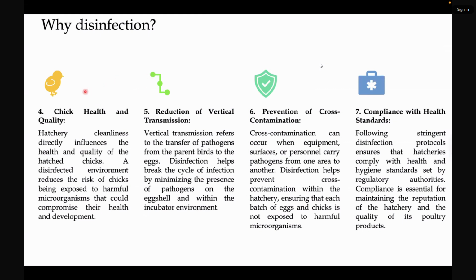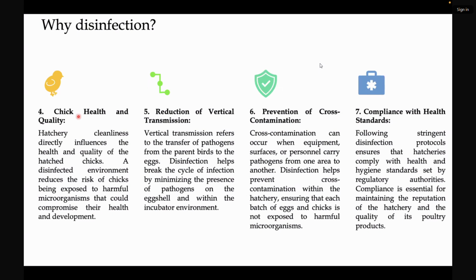And disinfection is also required to have healthy chicks. As a farmer, they will always ask for uniform and healthy chicks. If the hatchery is producing non-uniform or not so healthy looking chicks, the farmer may not buy them.